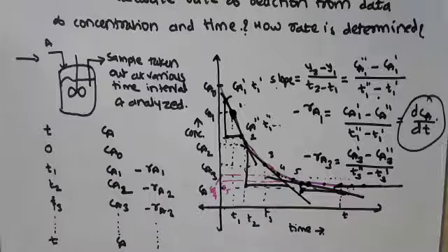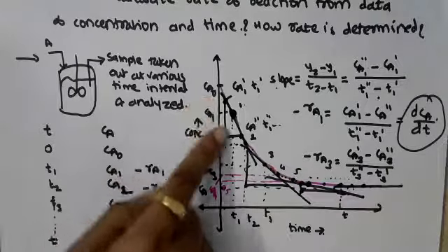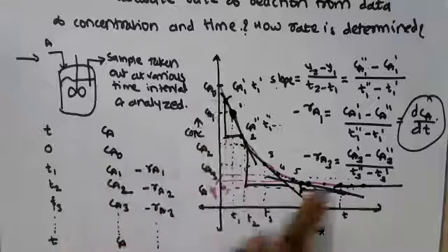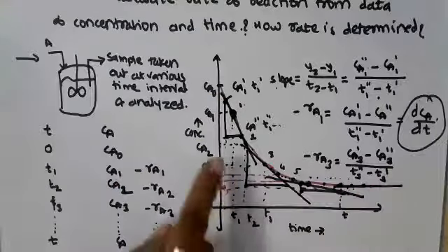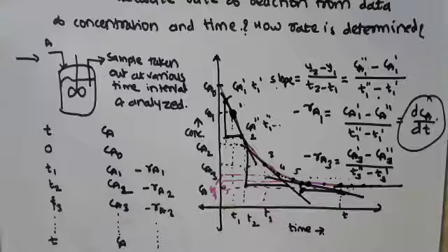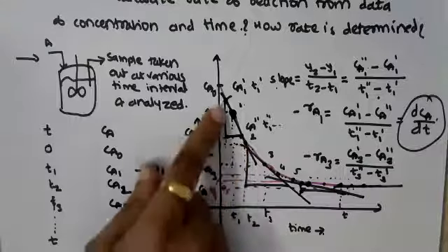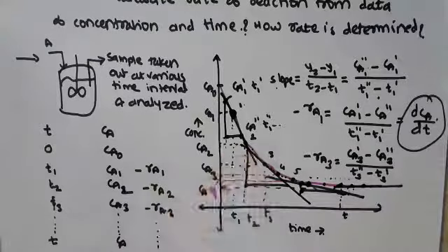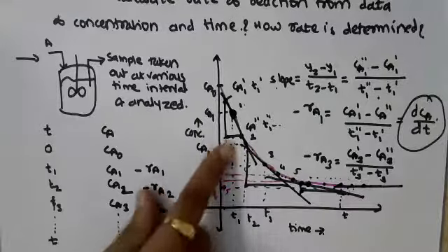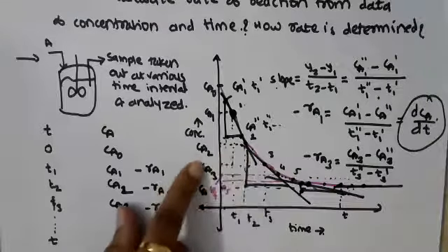Now please remember, I am warning you about the possible mistakes some students who don't know the basics make. Whenever the rate is to be determined and the nature of the graph is a curve, for determining the slope you must always draw the tangent at a particular point, and the slope of the tangent at that point will correspond to the rate.